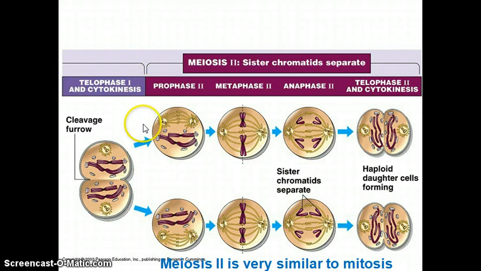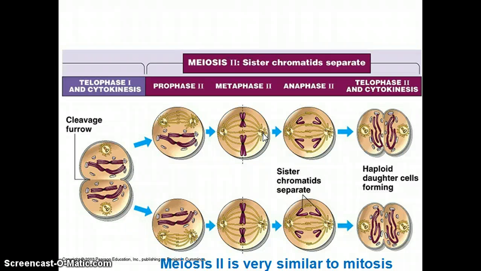It's important to remember here that we don't have any more replication of chromosomes occurring. So these sister chromatids are just continuing on this process. In metaphase 2, we have each chromosome lining up on the metaphase plate, with one chromatid facing one pole and the other chromatid facing the other.